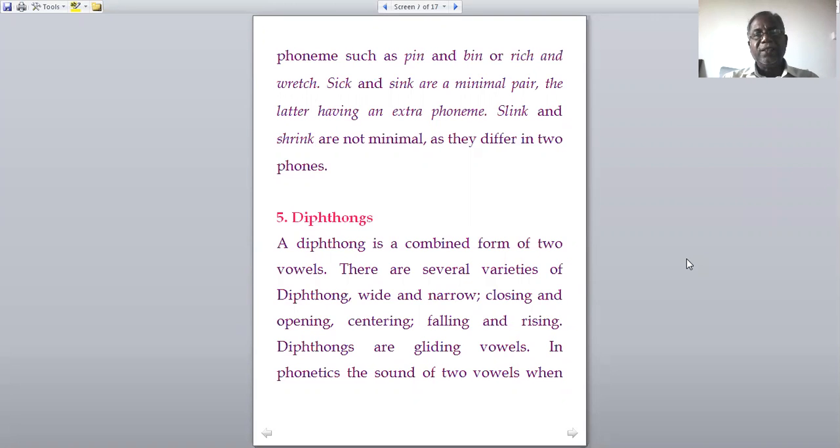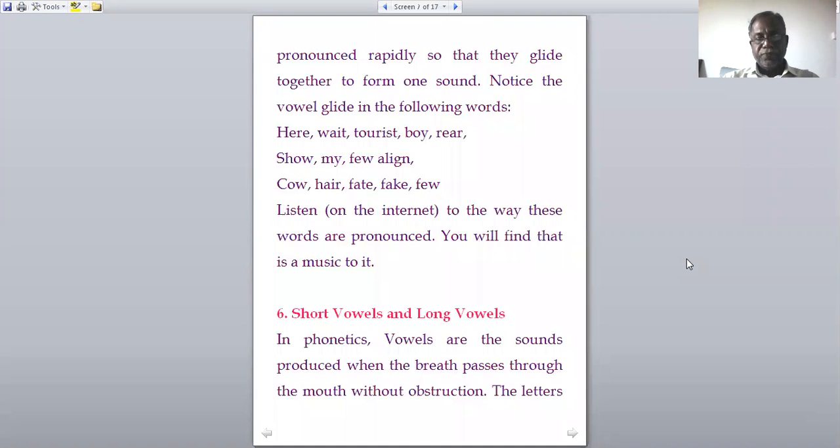And sink, we have a tank and other things in our home, that is a sink. Sick and sink are a minimal pair, the latter having an extra phoneme. Slink and shrink also seem to be the same but are entirely different. Slink, different pronunciation. Shrink, that is very short, minimize, not a minimal pair, as they differ in two phonemes.